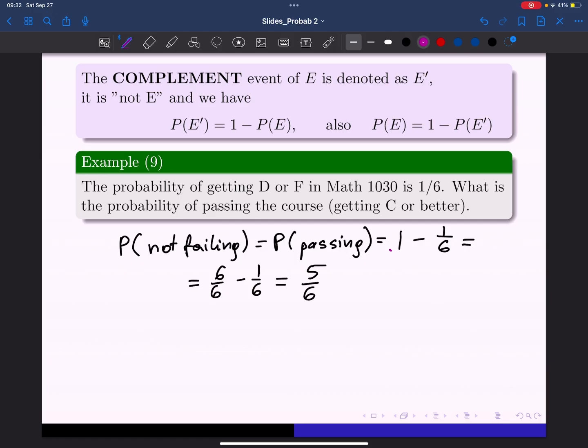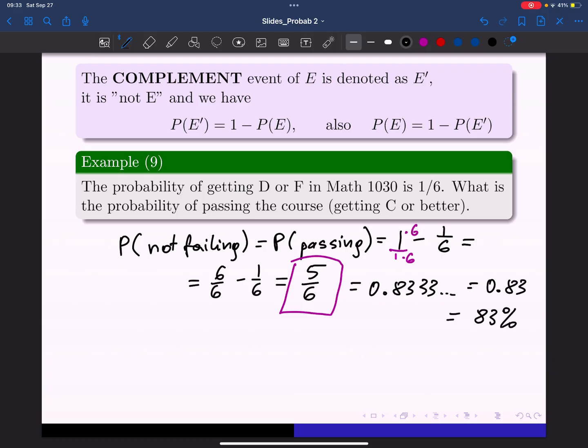One more time, 1 is like 1 over 1, changed to sixths, so we multiply top and bottom by 6. Then the probability of passing the class is 5/6. Or if we want it as a percentage, if we keep dividing, this would be 0.8333, which is 0.83, or you can say 83%.